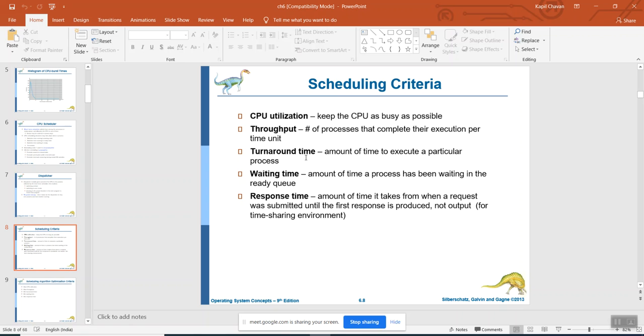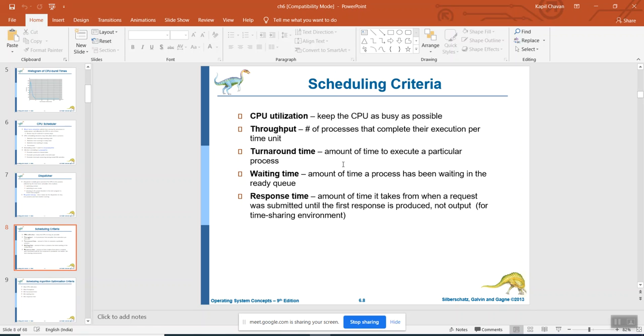Then what is meant by turnaround time? The turnaround time is the amount of time to execute a particular process. When the process is admitted into your system and after that completes, considering all the conditions, it may be in a wait state for some time, then go back into the ready queue, then again into executing mode.